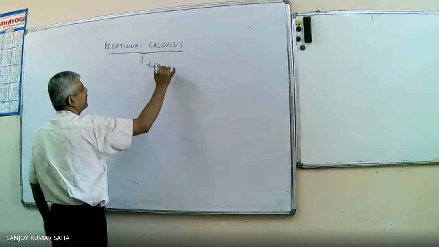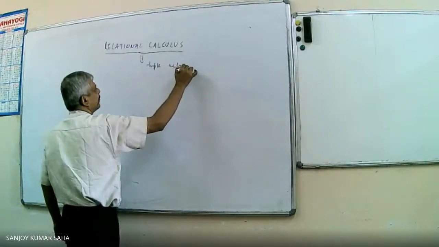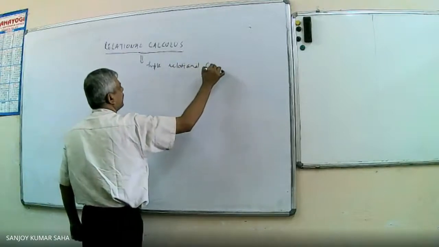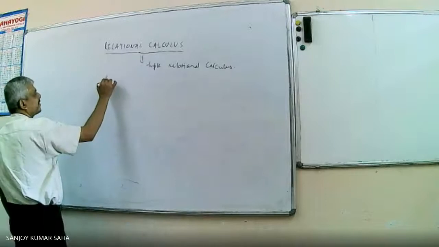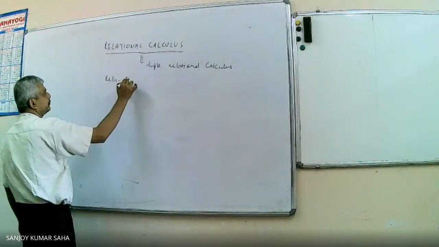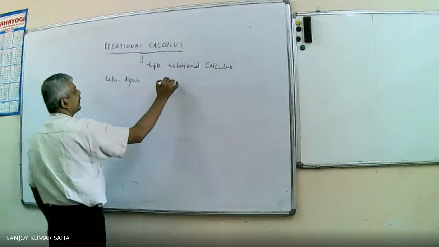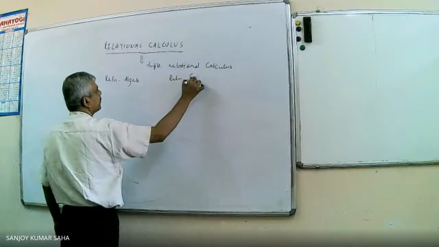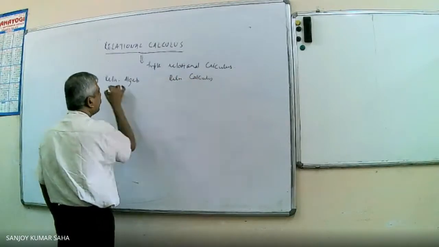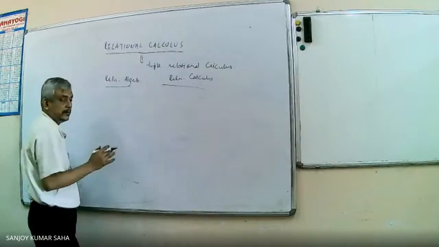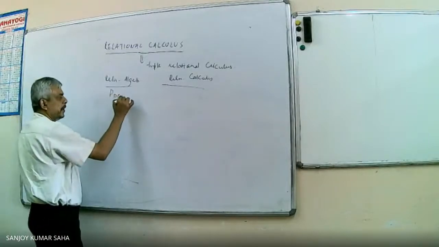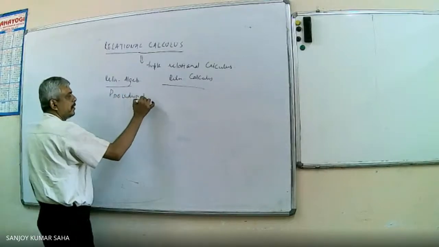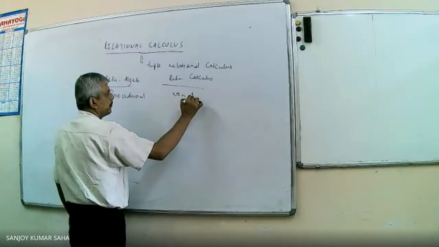Basically, we will consider tuple relational calculus. Now, we have relational algebra and we have relational calculus. If we compare them, see, this is the premise of comparison. Relational algebra is procedural. Relational calculus is non-procedural.